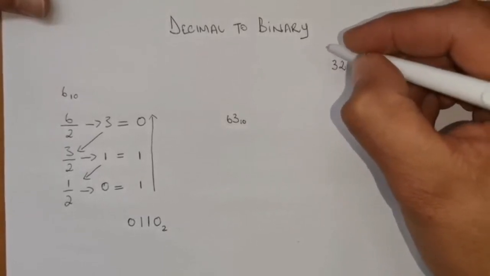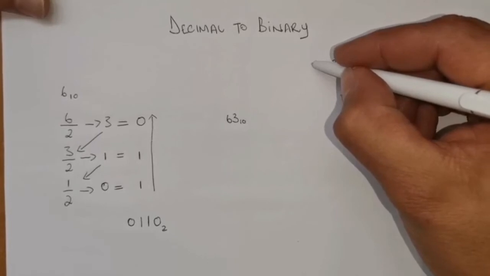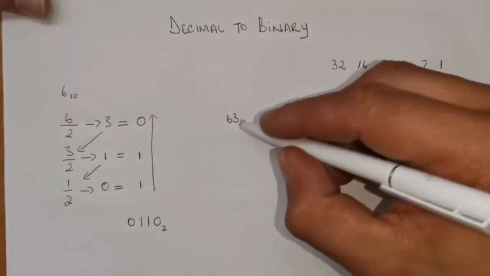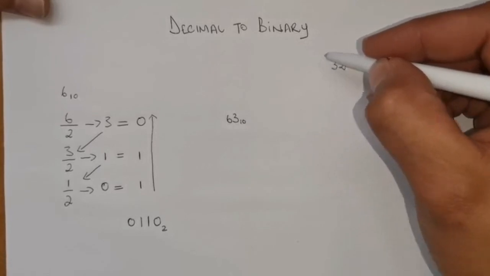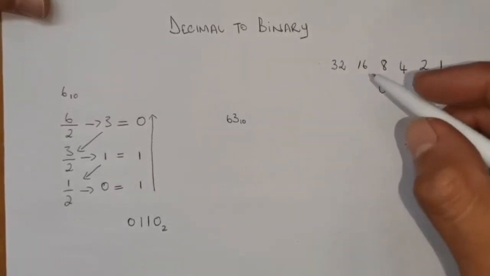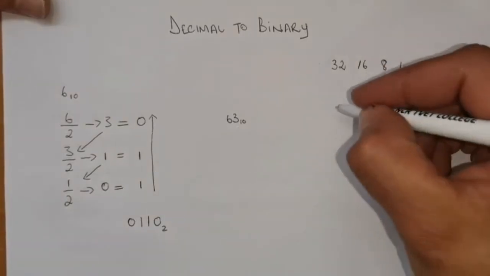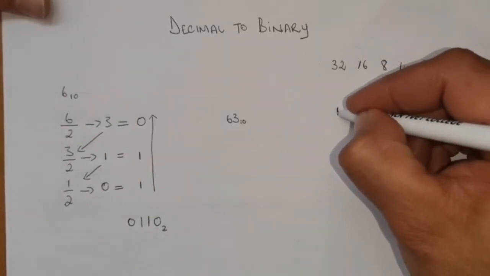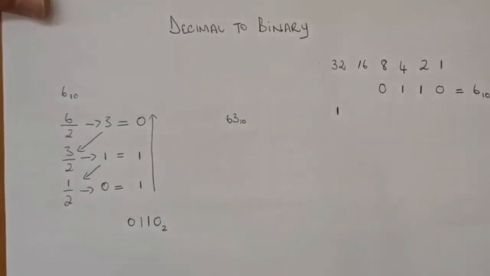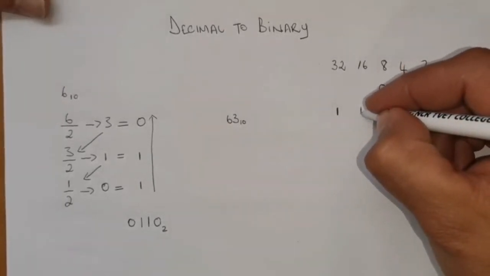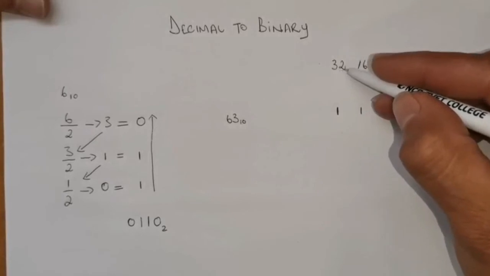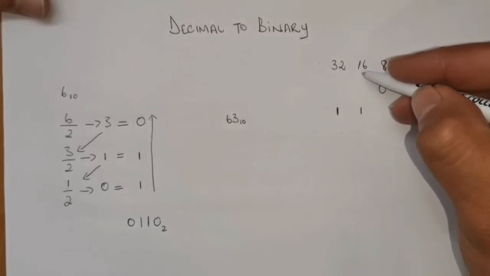32, and then when I get to 64, 64 is bigger than 63, so I'm not going to write down 64. To get to 63, I will need to use 32, so that will be a 1. I will also need 16 because 32 plus 16 gives me 48.